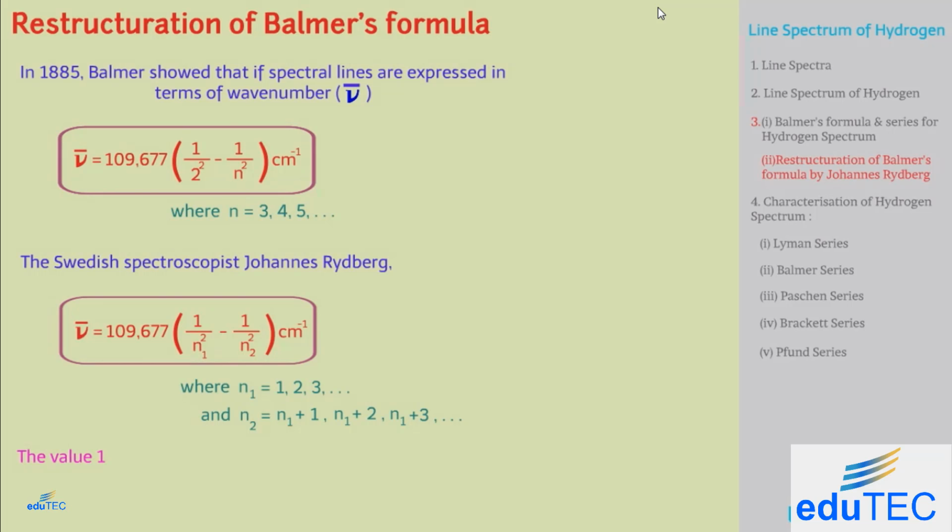The value 109677 is called Rydberg constant for hydrogen.